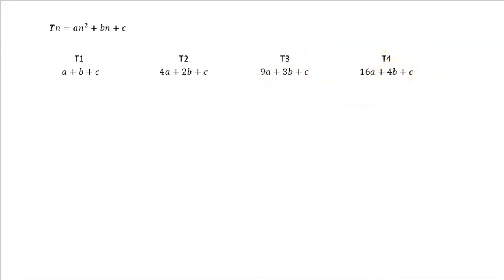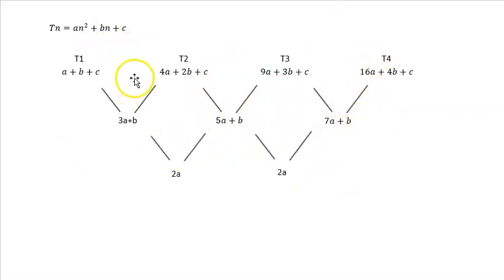But we still can't really do much with this. So what we do is that we find the differences between all of them. And then you'll see here that we'll get 3a plus b if you find the difference between T2 and T1. For T3 and T2, we get 5a plus b. And for T4 and T3, we get 7a plus b. But once again, remember, we have to do the difference again.